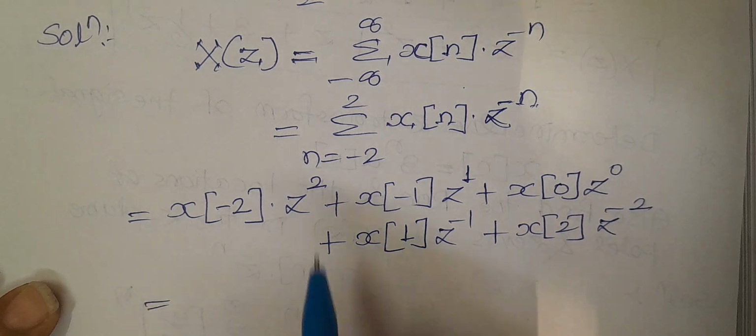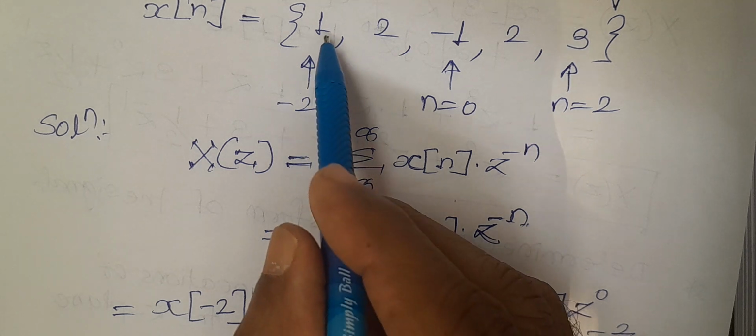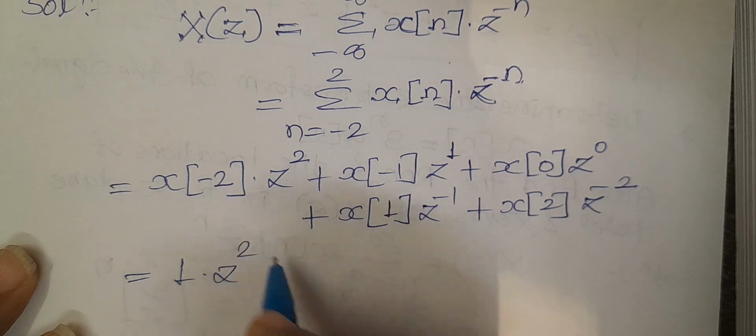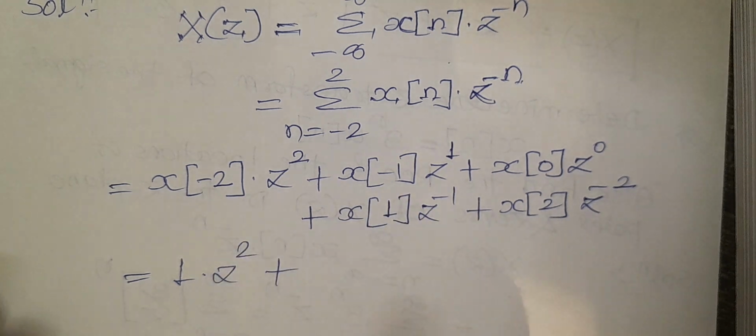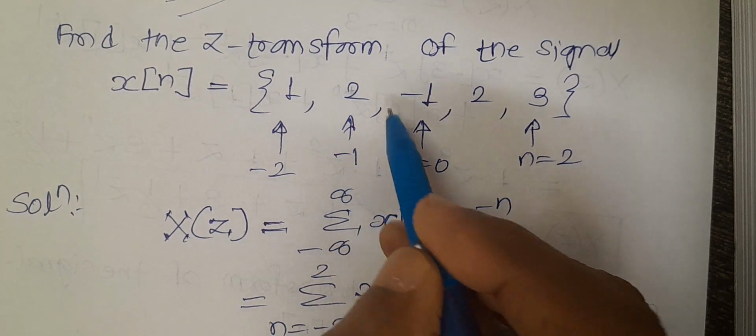Now we have to put the values. When n is equal to minus 2, the value is 1. So it is 1 into z raised to power 2. For x of minus 1, it is 2.